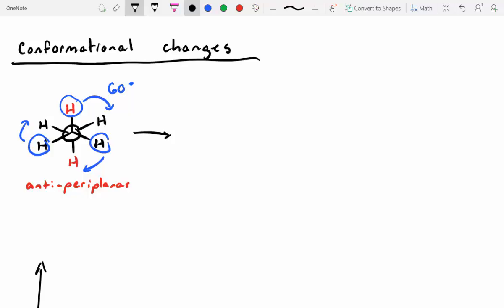So now our back carbon hasn't moved at all, so we'll just draw that in as static. Our front carbon has, and now things are kind of lining up with our other substituents. There we go. Now our red hydrogen's over here, our black one's right here, and our black one's right there.